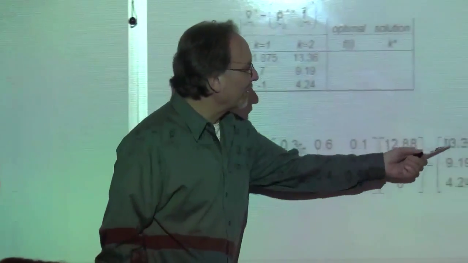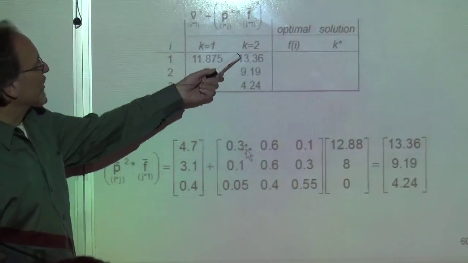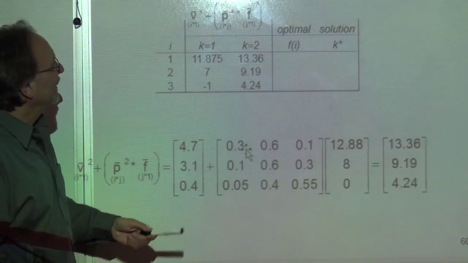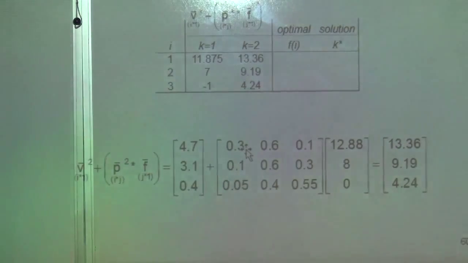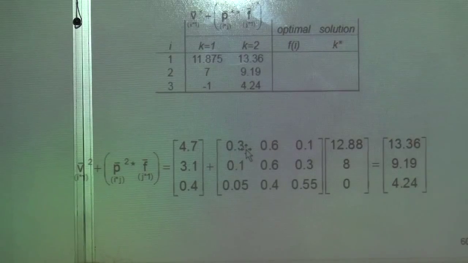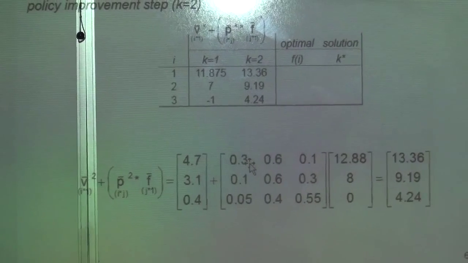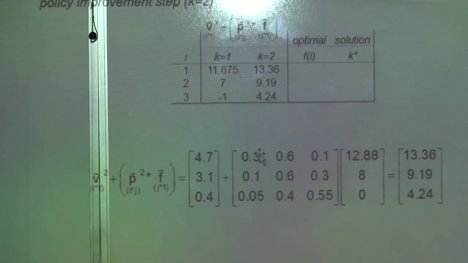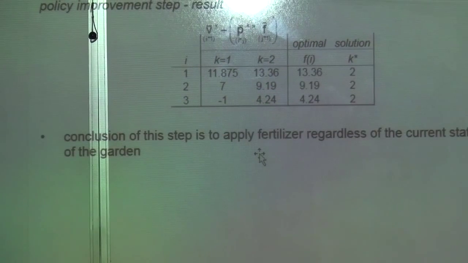And now we have the value associated with always fertilizing, and then we can do the optimal solution step. That's the end of the step. So the solution is always to fertilize for that step.